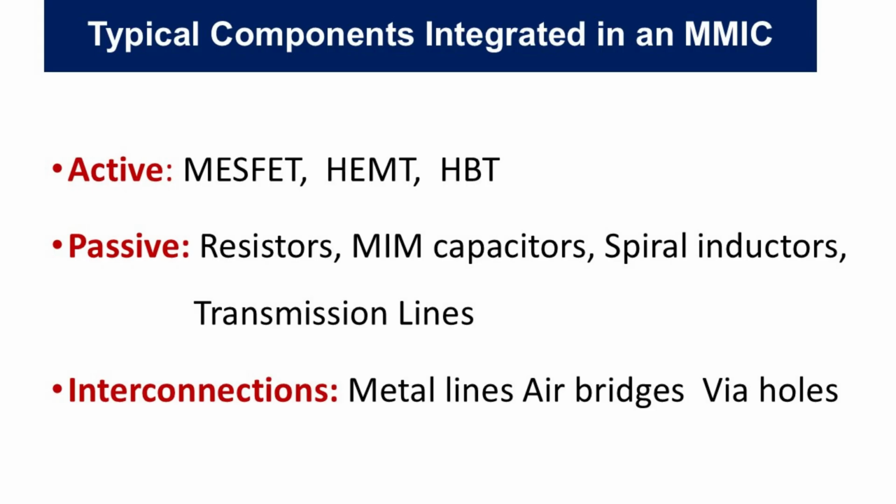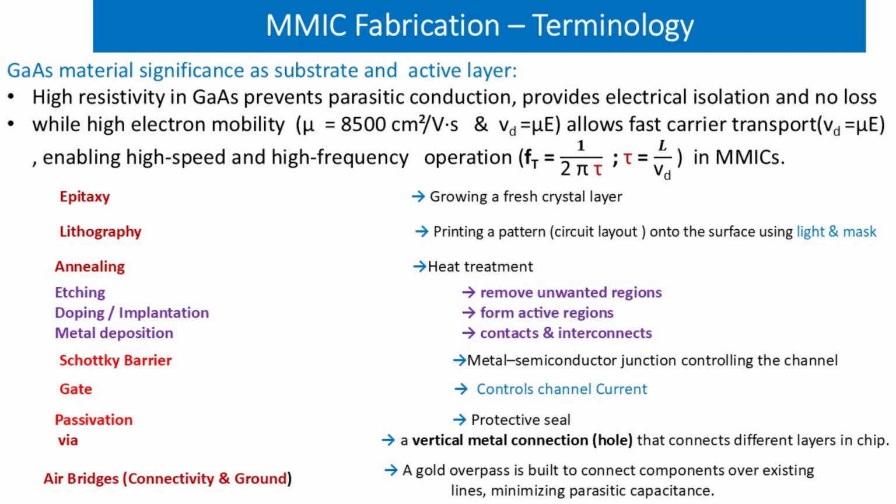This slide introduces the important terminology used in MMIC fabrication. Epitaxy means growing a fresh crystalline semiconductor layer, while lithography transfers the required circuit pattern onto the wafer using a mask. Etching removes unwanted material, and doping or implantation forms the required active regions.